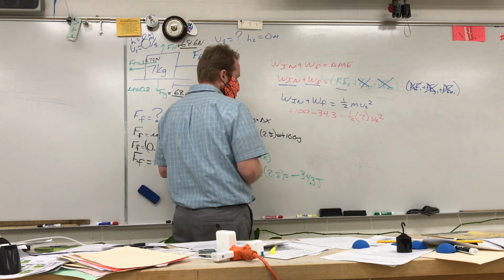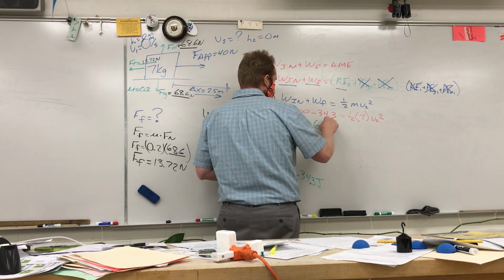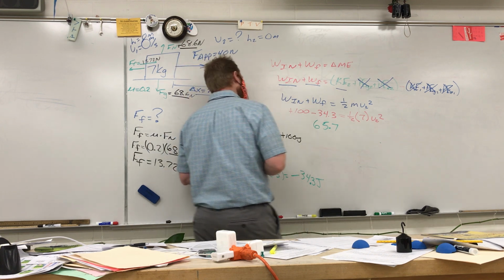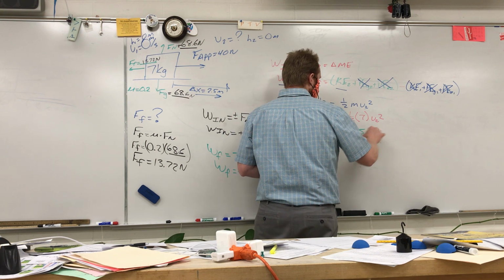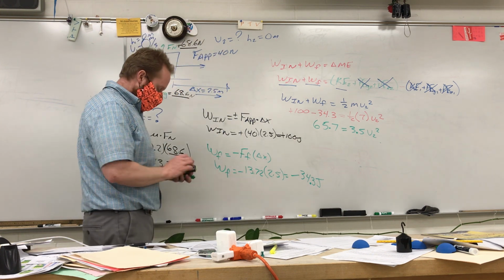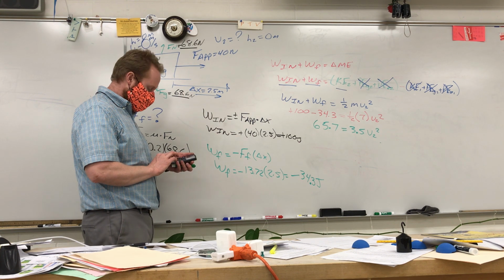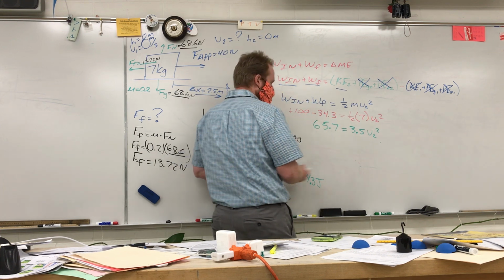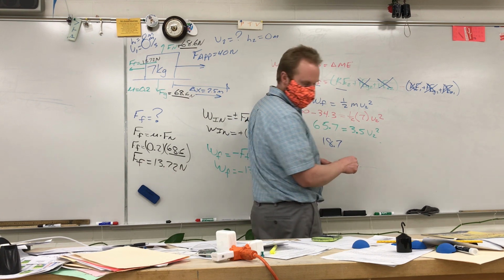V2 squared. 100 minus 34.3 is 65.7, which is equal to 3.5 V2 squared, because 1/2 of 7 is 3.5. 65.7 divided by 3.5, divide both sides by 3.5, is 18.77.